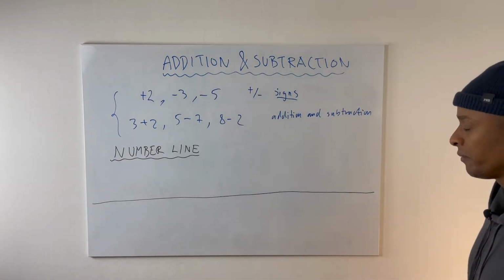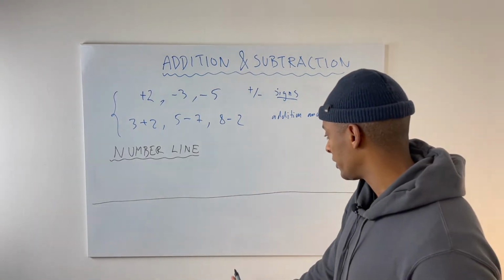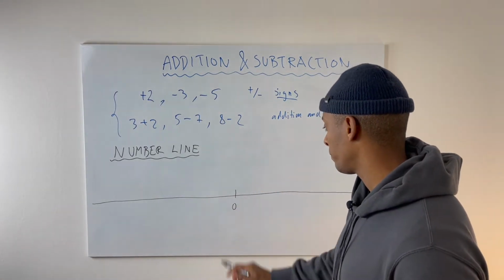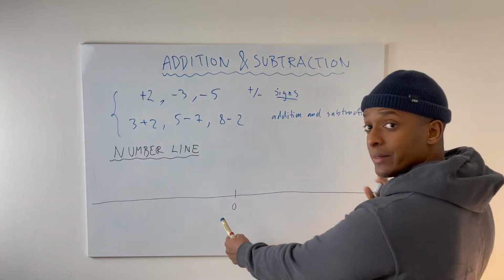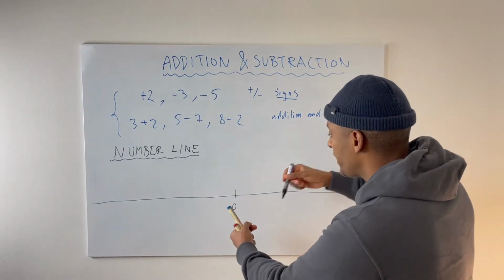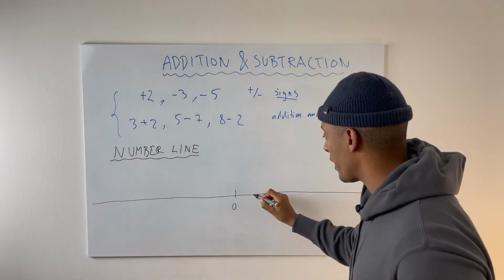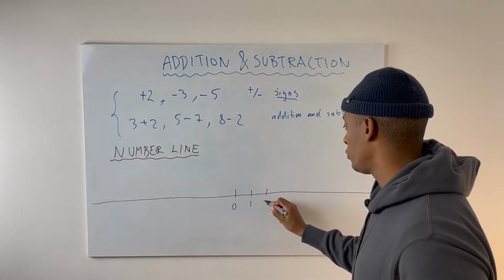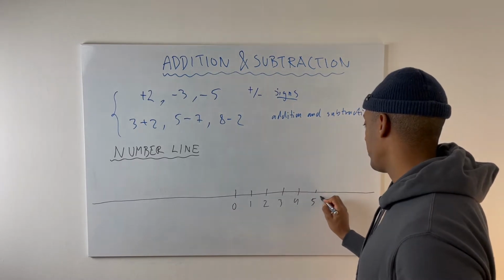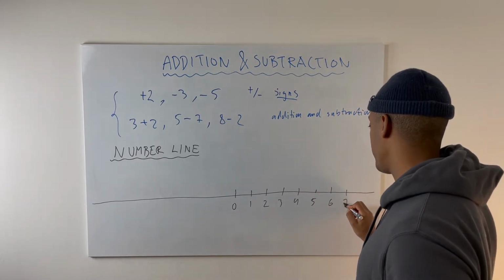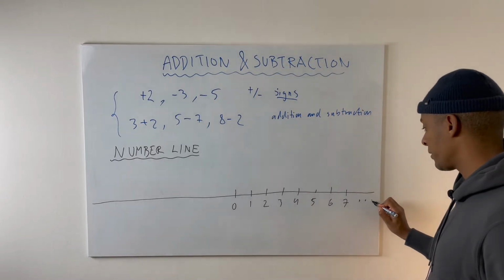Here we have a line. In the middle of the line, we have 0. And then when we move to the right, the numbers keep increasing. So we have 1, 2, 3, 4, 5, 6, 7, etc. Keeps going.